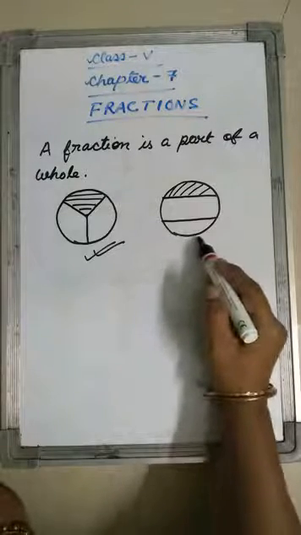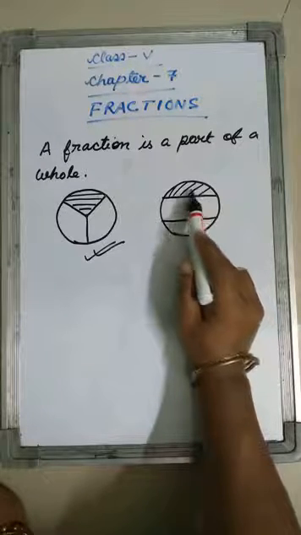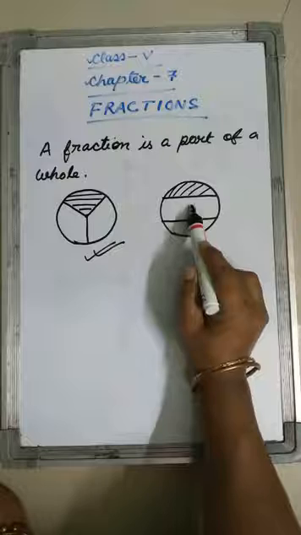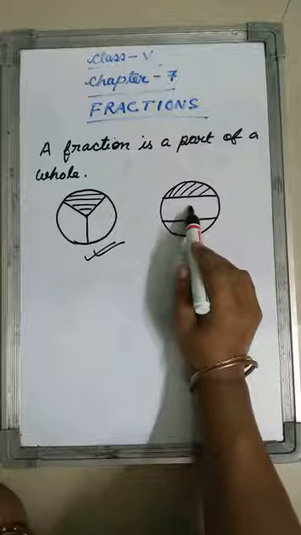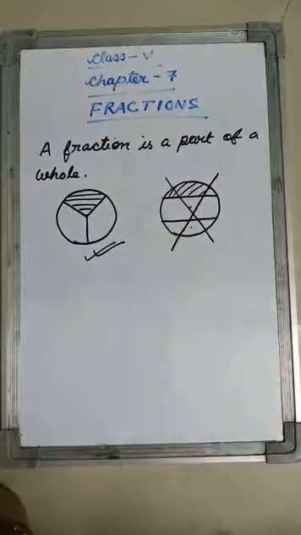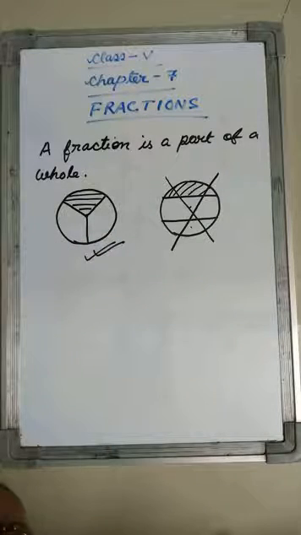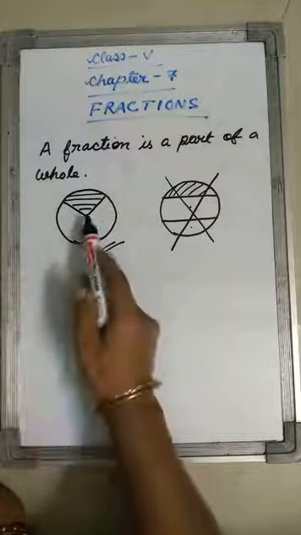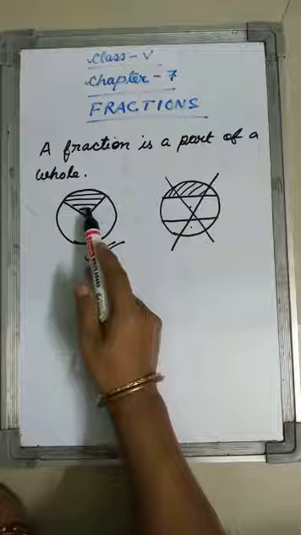But here also I have made 3 parts, but this part is not equal to this part and this part is not equal to this part. So we cannot express this as a fraction. To express something as a fraction, we have to divide the given whole into equal parts.